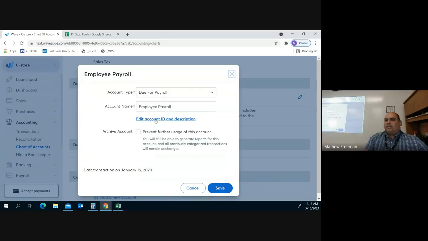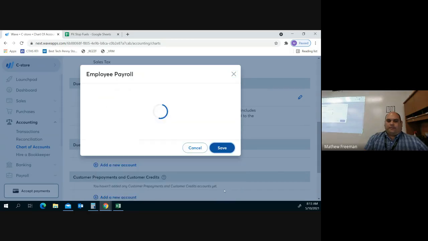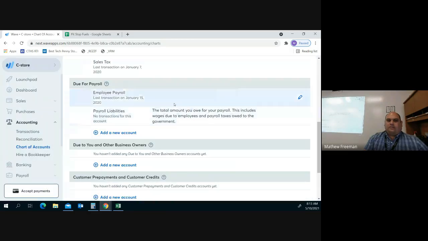You can add an account ID number if you want. Remember, I kept telling you in class, on these systems, they don't really have account ID numbers. You can create them if you want to, and be specific. And as you do more and more, you can go and do that.